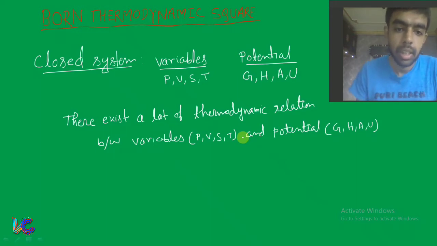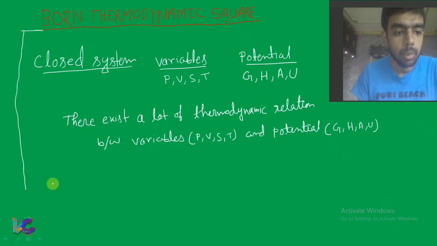And I'm saying that there exists a lot of thermodynamic relation between these variables P, V, and S, T and potential G, H, A, U. Now, this Born thermodynamic square helps us in remembering this thermodynamic relation between variables and potential.